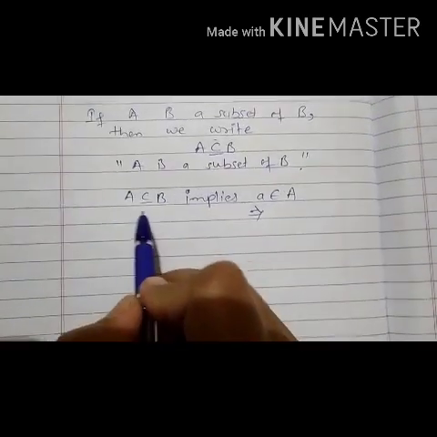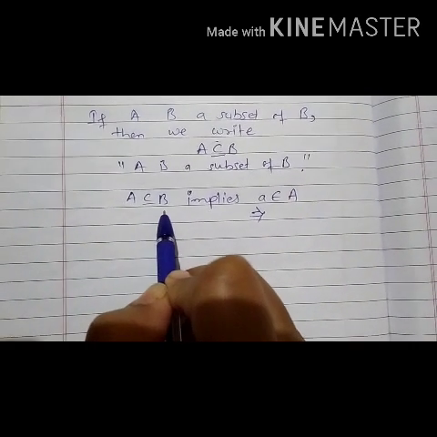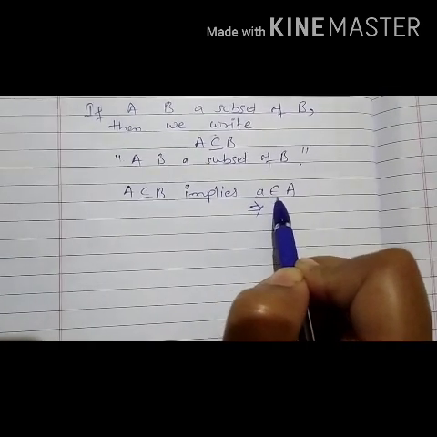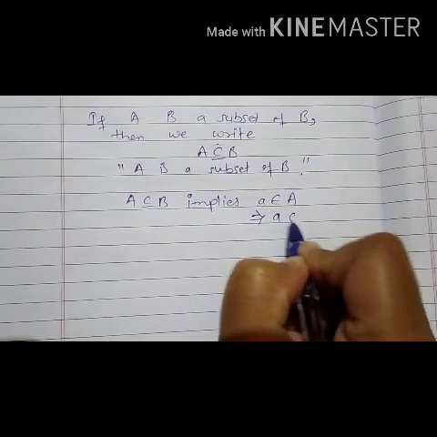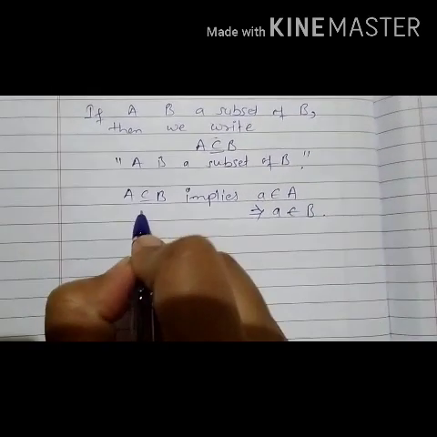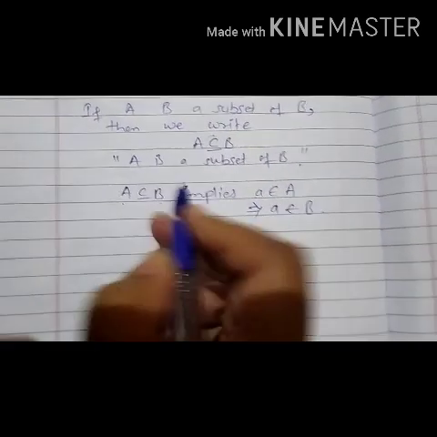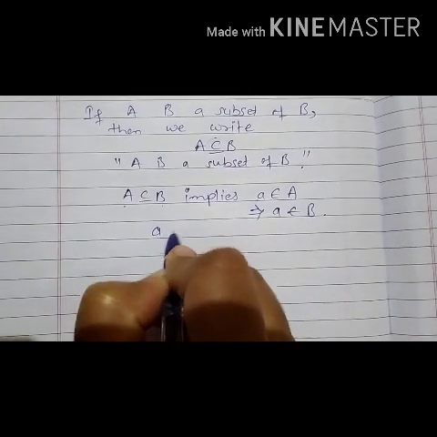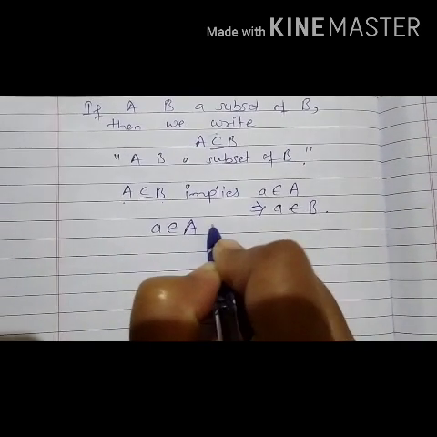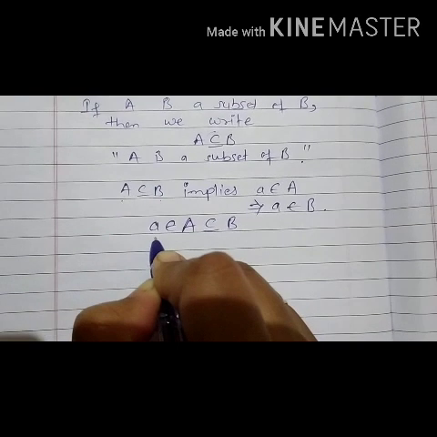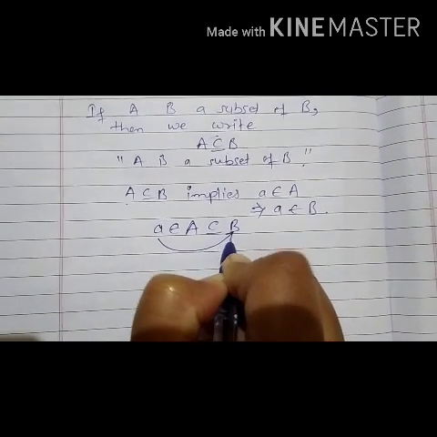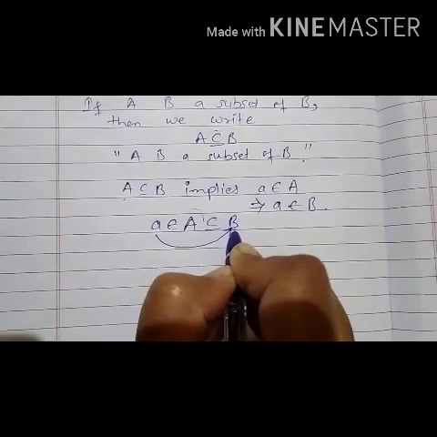A subset of B implies for all small a belongs to A, a belongs to set B, because if A is a subset of B and small a in A, automatically this element from set A will go in set B.